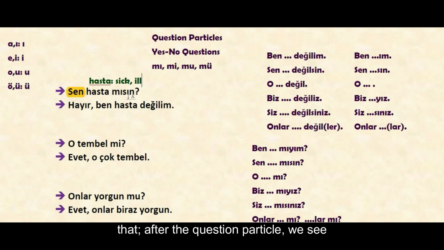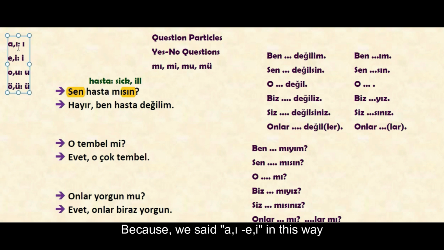And after the question particle, we see the personal suffix sın, because the subject of the sentence is sen. And because this is mı, we used sın. And we decided the vowel of the particle because the last vowel of this word is a. Because we said a, e, like in this way. After a we were using ı.